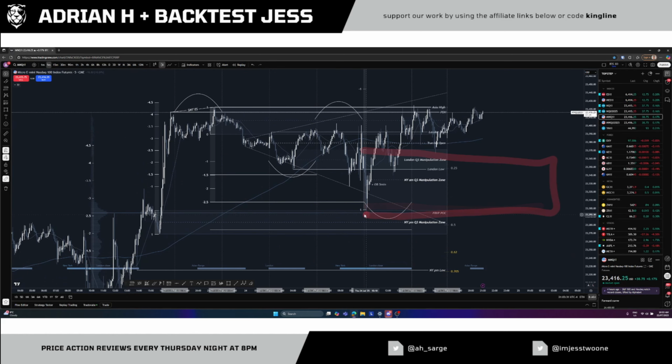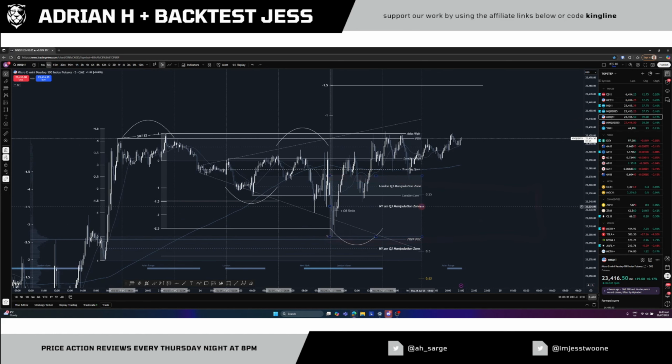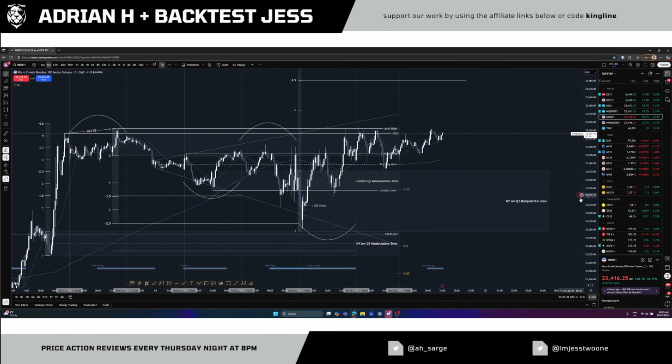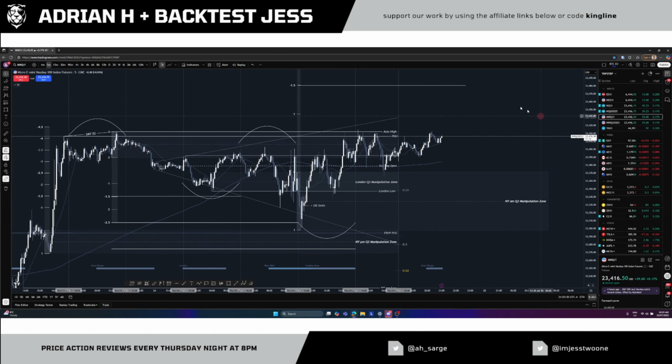I would want to see the CE of that respected, right? If the CE of that wick is respected, then we should be trading higher. If we start to close below that, then I can start to see lower prices, and that would maybe lend a hand to invalidation. But if that CE is holding, and even better, if the top quarter, 25% of that wick is holding, then that indicates bullishness.